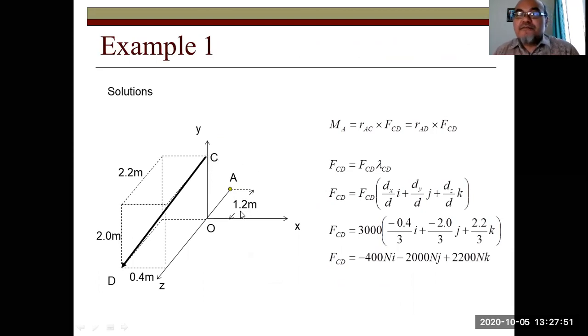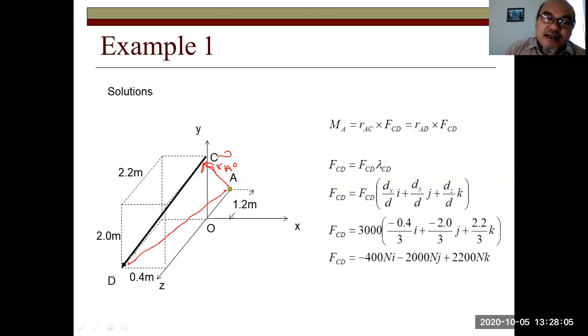You can also pick R_AD. There are two options: either you pick R_AC, or alternatively you could choose R_AD, to calculate the moment about point A caused by the force F_CD.